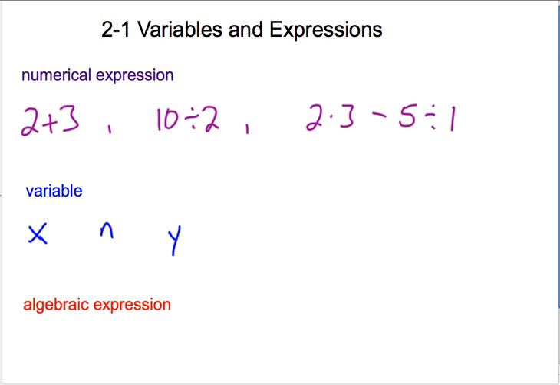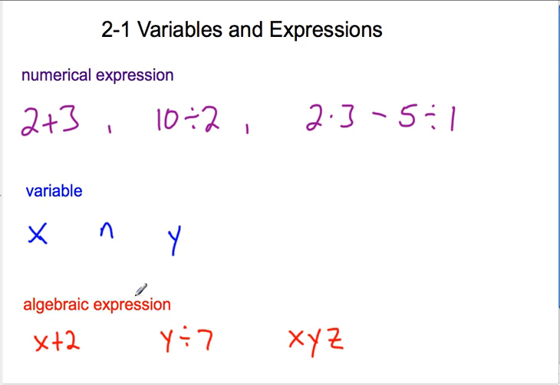So an algebraic expression can be x plus 2 or y divided by 7 or xyz. Whenever you put variables next to each other, it means they're being multiplied.